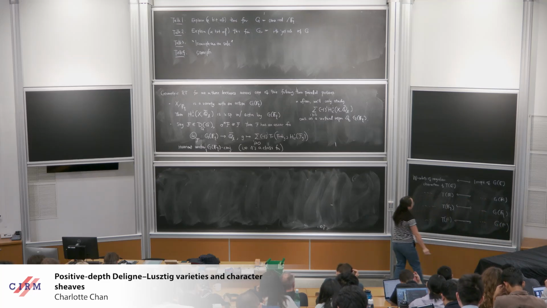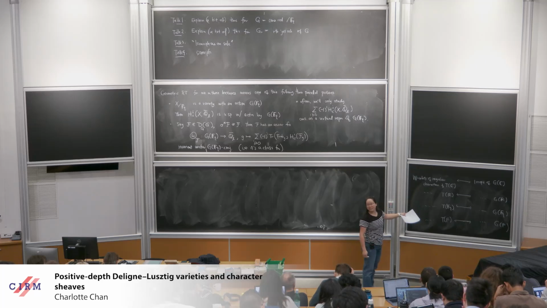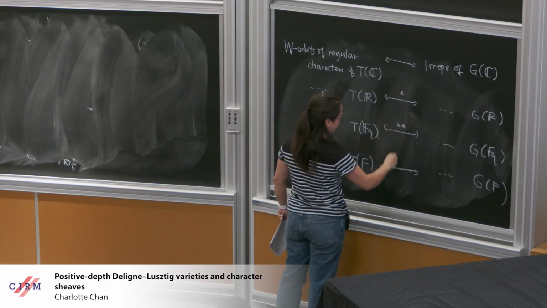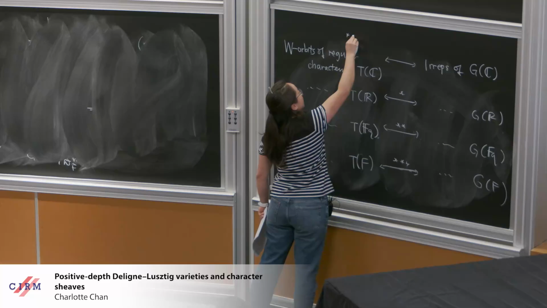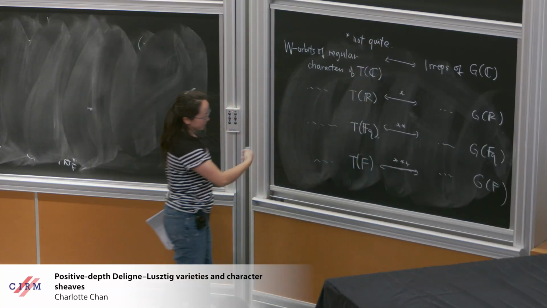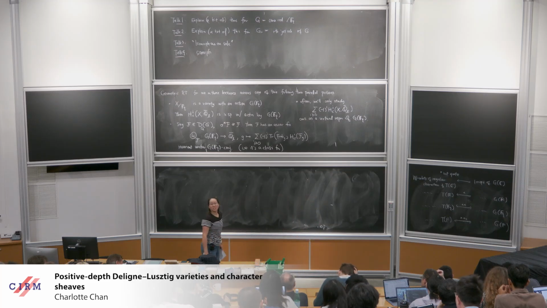And kind of the farther down you go this list, the more false this is. But you can still kind of maybe, so star means not quite, but you can use this as a guidepost for at least getting some proportion of the representations.